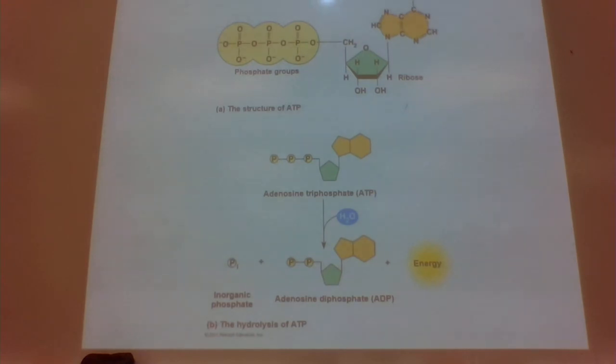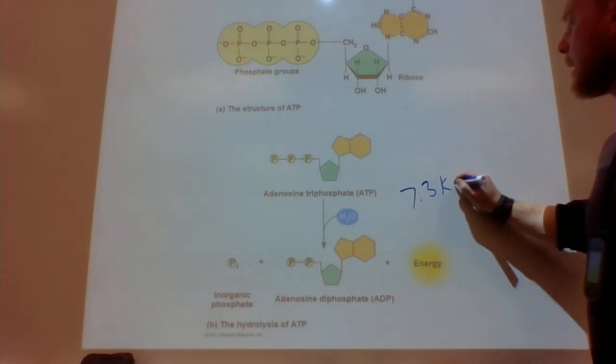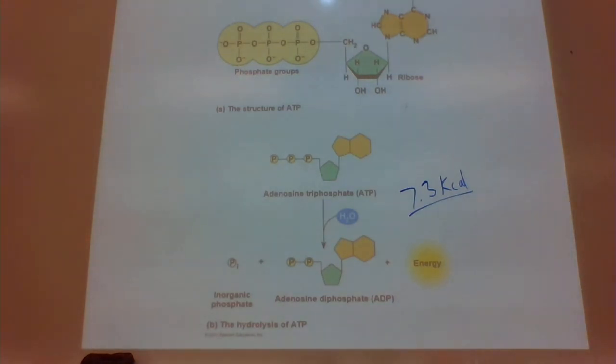And when you cut a chemical bond through hydrolysis, that releases what? Releases the energy. And in this case, you have a massive release of energy. I'm not sure if it's written down somewhere, but 7.3 kilocalories of energy, through the breaking of that terminal phosphate bond.